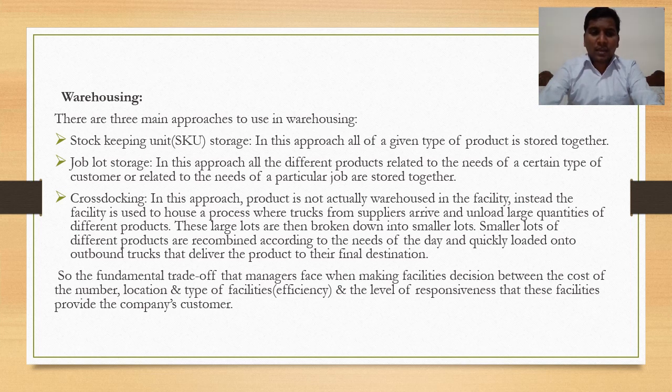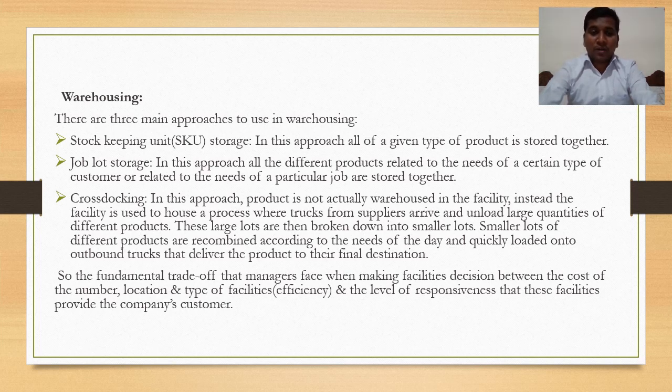In cross docking, product is not actually stored in the warehouse. Instead, the facility is used to house a process where trucks from suppliers arrive and unload large quantities of different products. These large lots are then broken down into smaller lots.